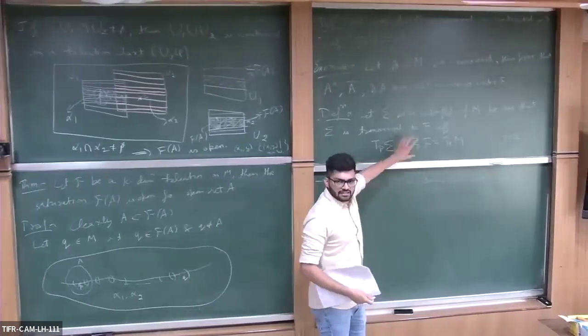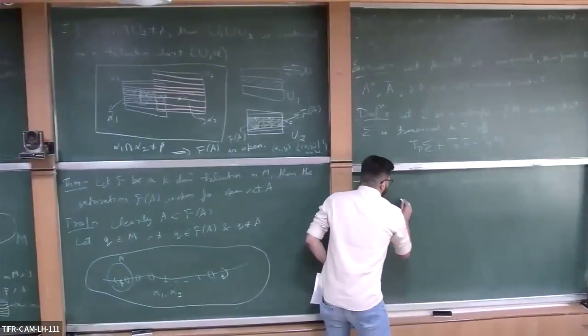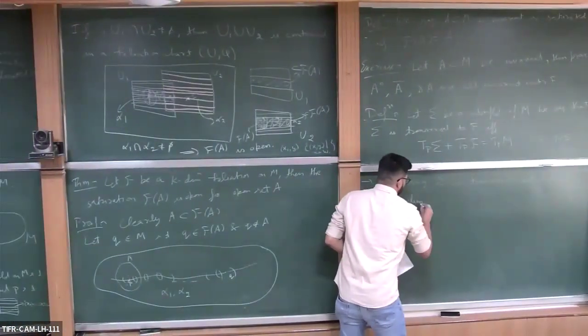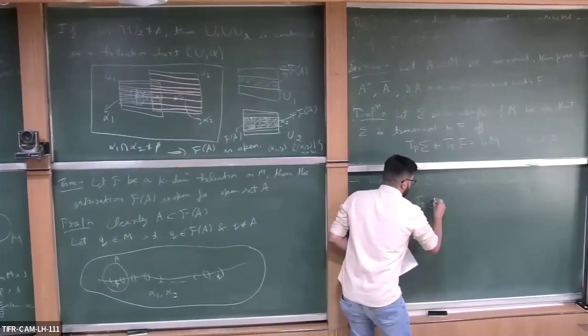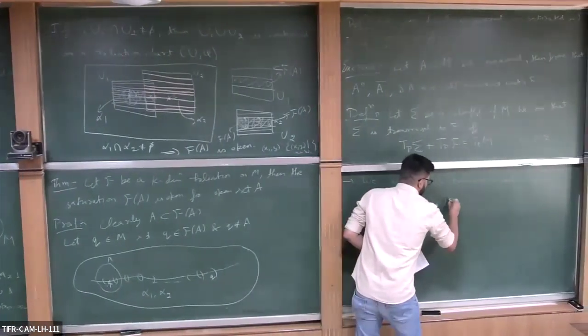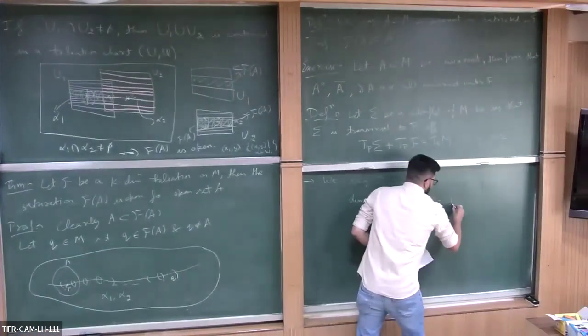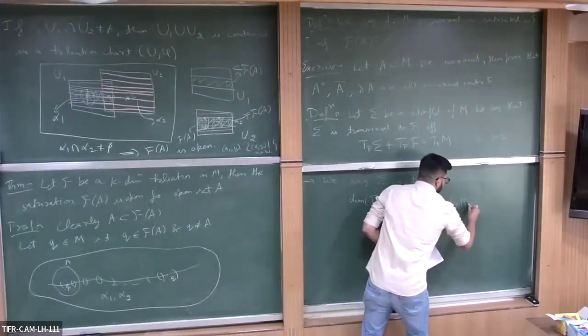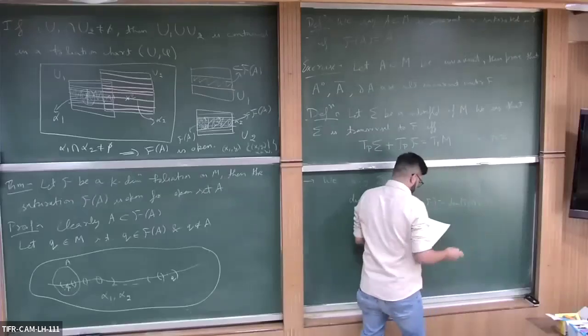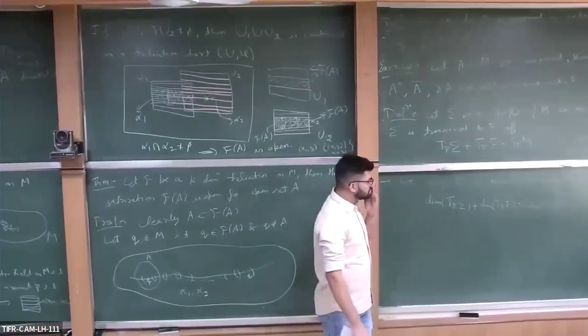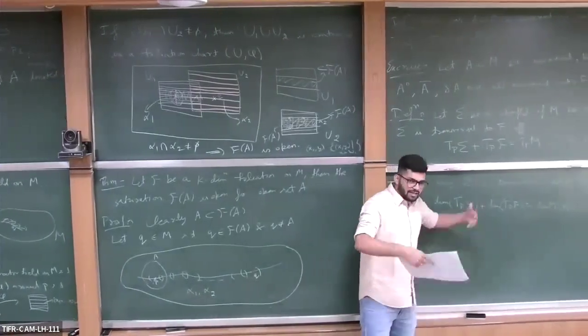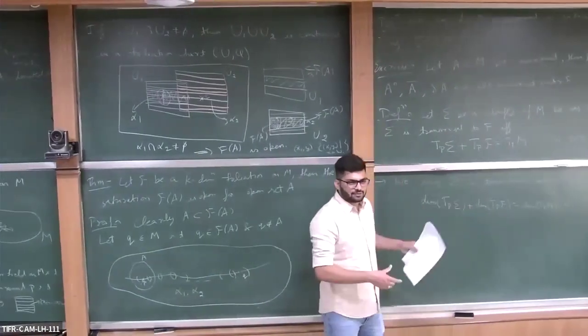Not only does this condition hold, but the dimension of sigma plus the dimension of the tangent space of the foliation is the dimension of M, the dimension of the actual manifold, not the tangent one.